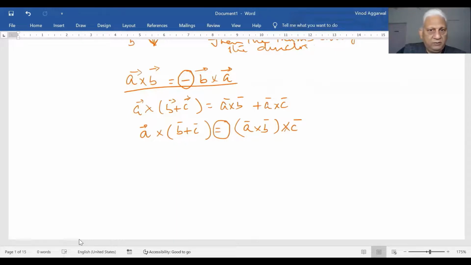One will say, what's wrong with it? It's simple, opening the brackets. No, it is wrong. Cross product of A with the sum of two vectors doesn't open up like this.